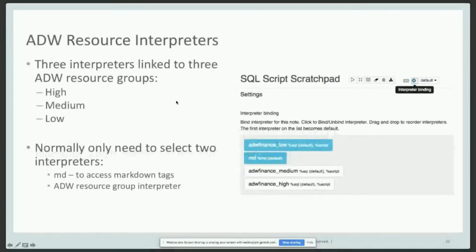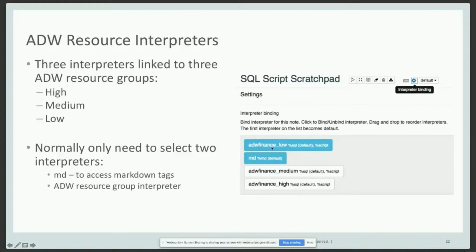So resource interpreters. Just to quickly go back over this, we do have three. If you go back to my Introduction to Autonomous Data Warehouse step-by-step guide, you'll get more information about these resource groups. But you'll see when you click on the interpreter binding in the main menu for your notebook, that you've got three connections to whatever your instance is called.